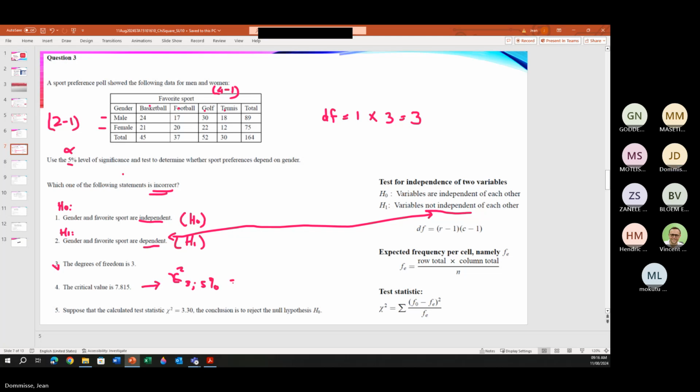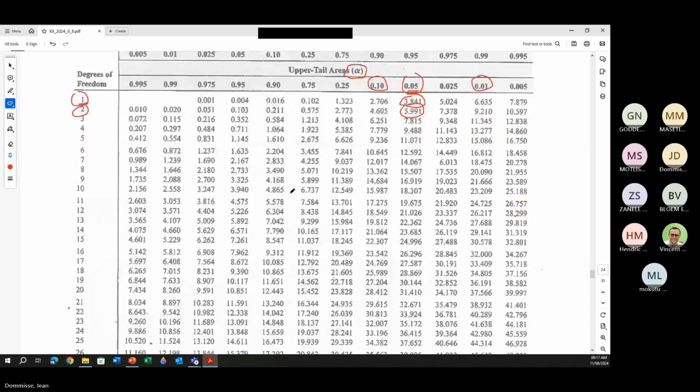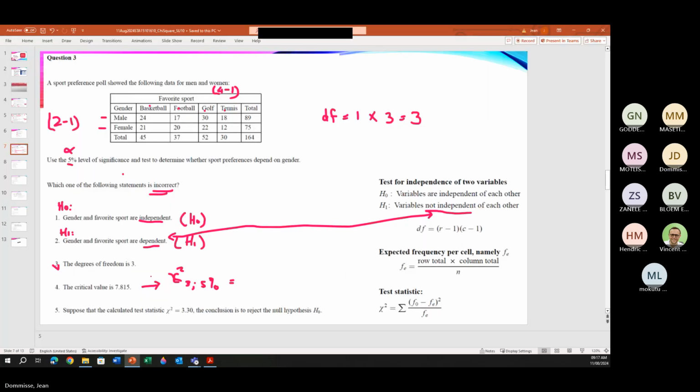So 3 and 5%. That is 7.815. 7.815. So the critical value is correct.